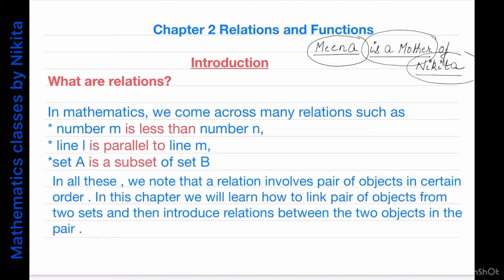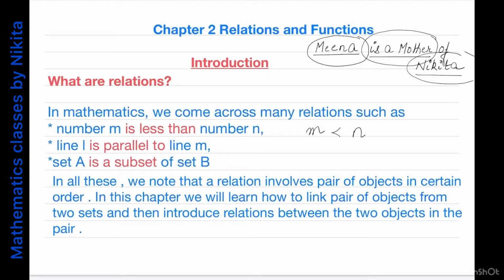Now let's see mathematically what are relations, और हम कैसे इनको maths के अंदर, कहाँ इनको encounter करते हैं. So in maths we come across many relations such as number m is less than number n. So you have two numbers m and n, और उनके बीच में मैंने कैसा relation define करा है कि m is less than n. So is less than, this is also a relation.